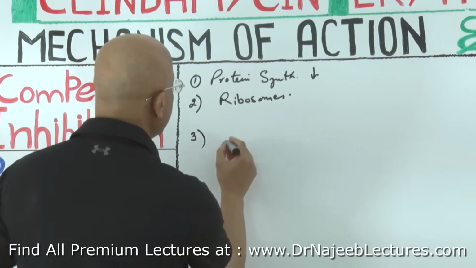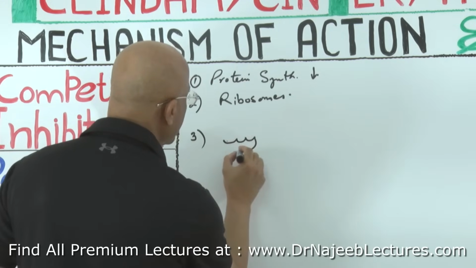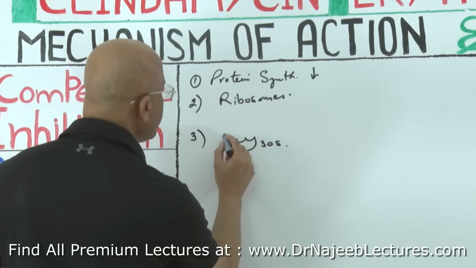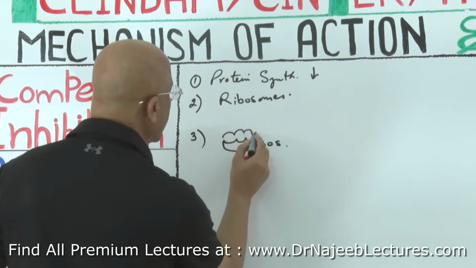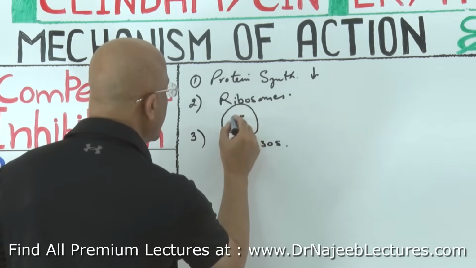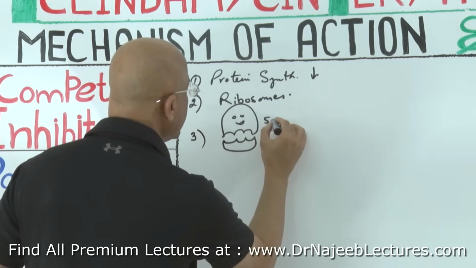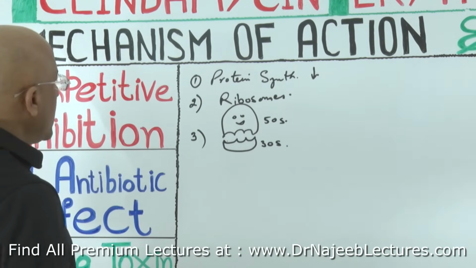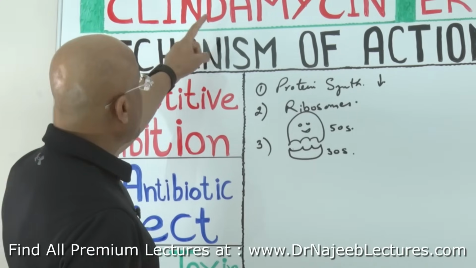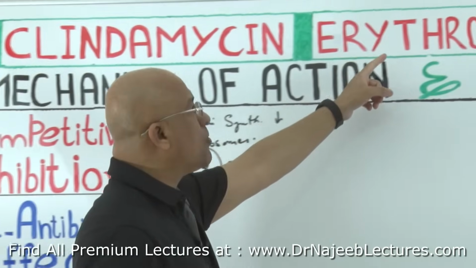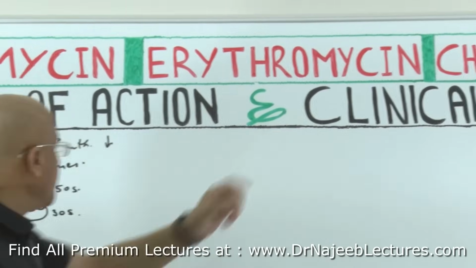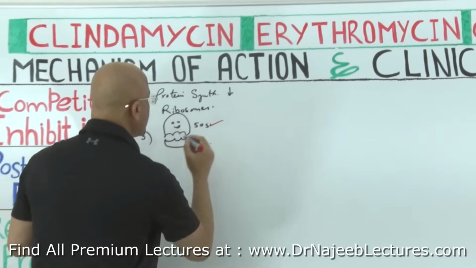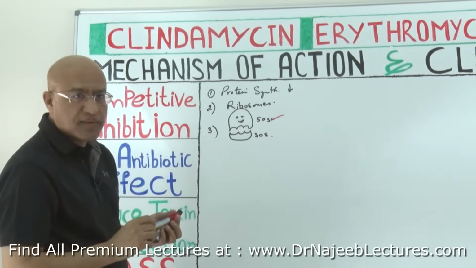Some of the antibiotics work on the smaller unit, which is called 30S, and some of the antibiotics mainly work on the larger unit, which is called 50S, right? Now, all 3 of them, clindamycin, erythromycin or macrolides, and chloramphenicol, work on the larger subunit, that is 50S.